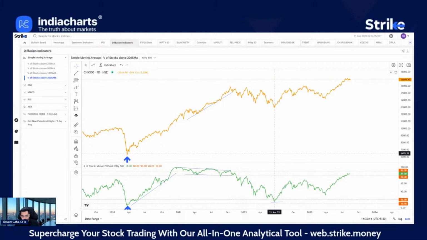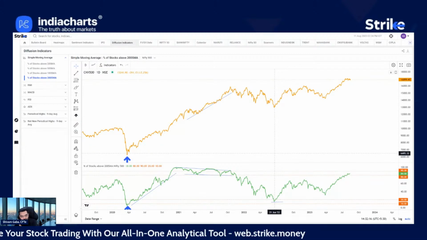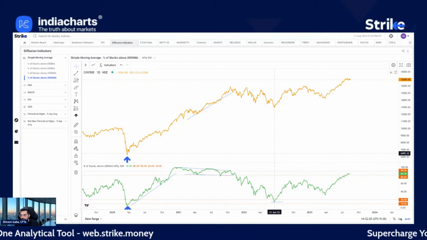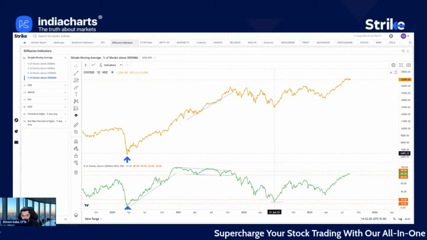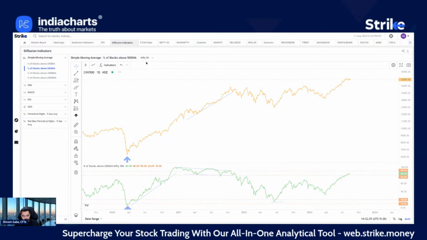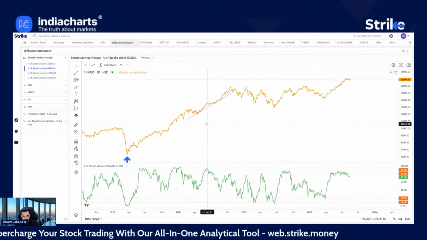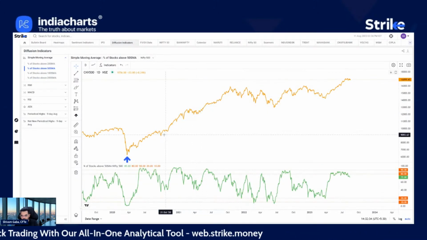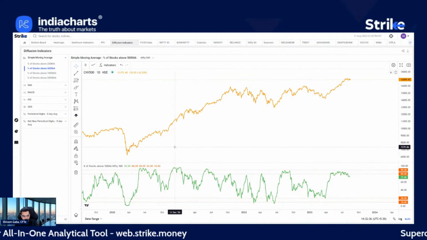Now, once you get a hang of it on the long term, all you want to do is look at a shorter term version of the same to capture the cycles in the same way. So, if I go to a shorter term average, maybe the 50-day average. So I'm again switching back to Nifty 500. Yeah.